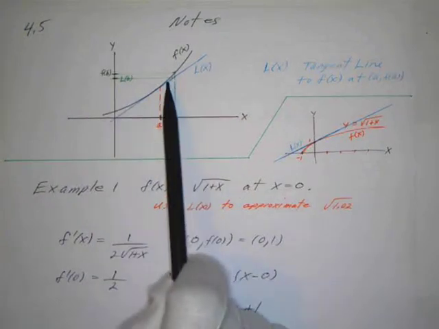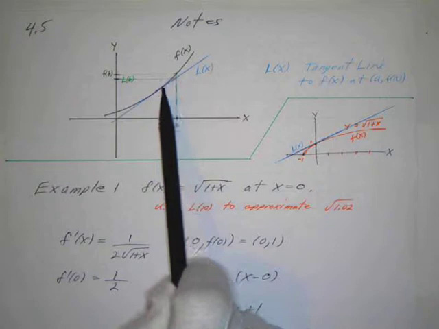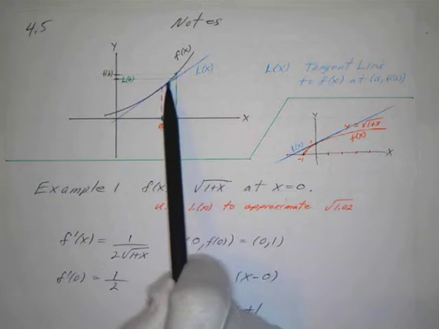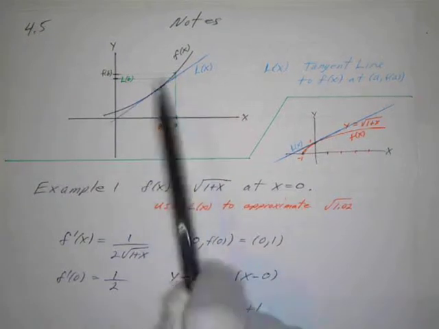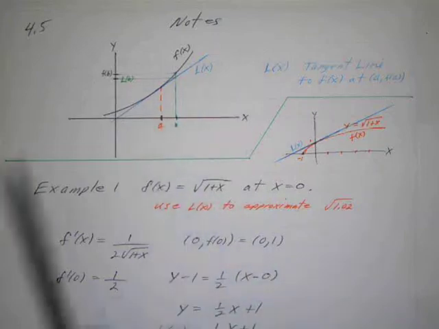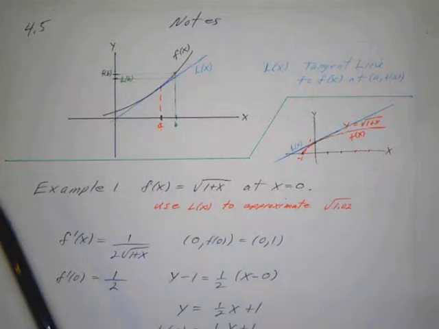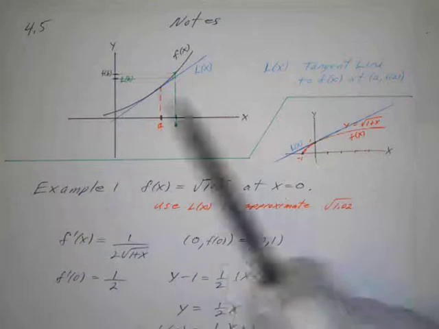And as B gets closer and closer to A, the value of the curve approaches the value at the tangent line. So for B relatively close to A, I'll get a pretty good approximation, and it will be probably a lot easier to find that out. As a matter of fact, a lot of these problems you could do with calculators that you normally couldn't. So that's what this is all about.